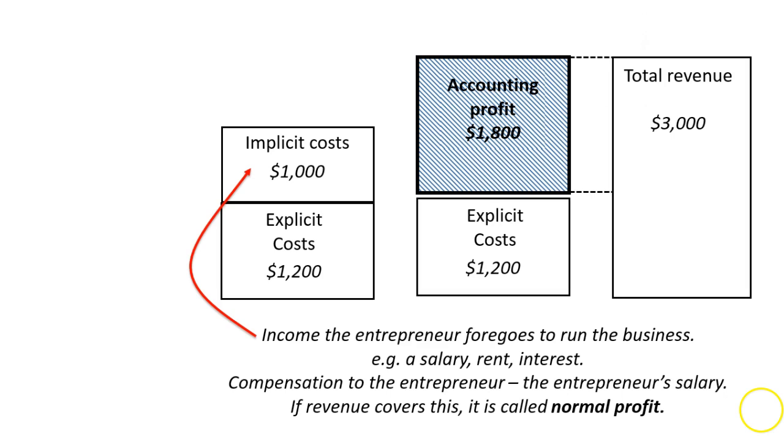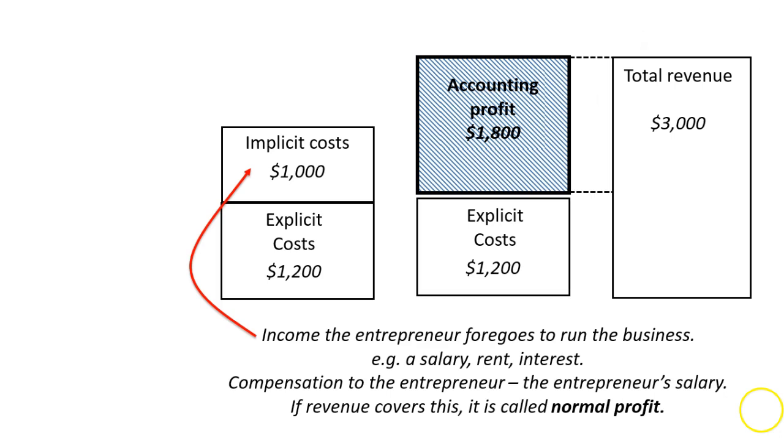It means the income that the entrepreneur foregoes to run the business. From the economist's perspective, the entrepreneur is not just giving up money to pay for land, labour, raw materials and capital. They're also giving up money that they could have earned doing something else. That might mean, for example, that the entrepreneur, instead of running this business, could have been working for someone else earning a salary of, say, $1,000 a week.